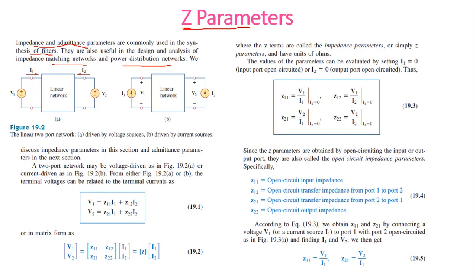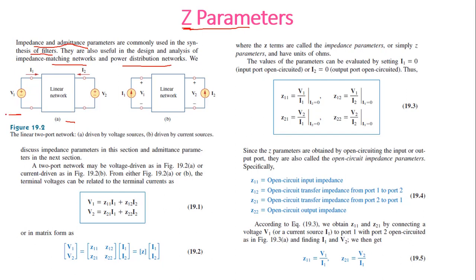Now a two-port network may be voltage driven or current driven, as shown in these figures. There is a linear network connected to a voltage source at the two terminals.